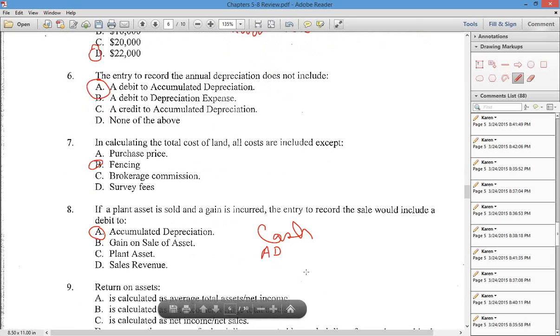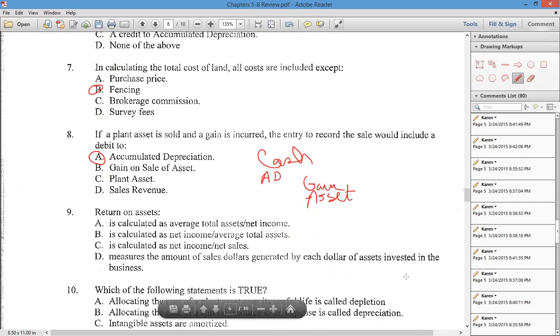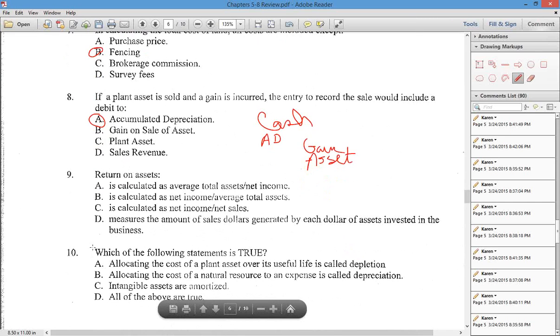I would have to get the asset off the books, whatever that asset is. Assets increase on the debit side, so I would have to credit it, and then my gain would be credited, because gains behave like revenue, they increase on the credit side. How do I know I have a gain? If my book value is $1,000 and I sold the asset for $2,000, I have a $1,000 gain. Did I get more money than my book value?